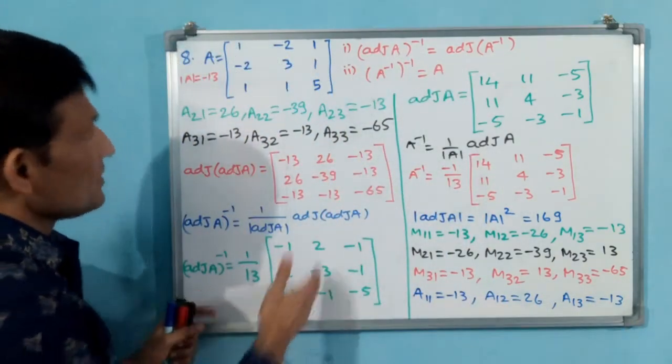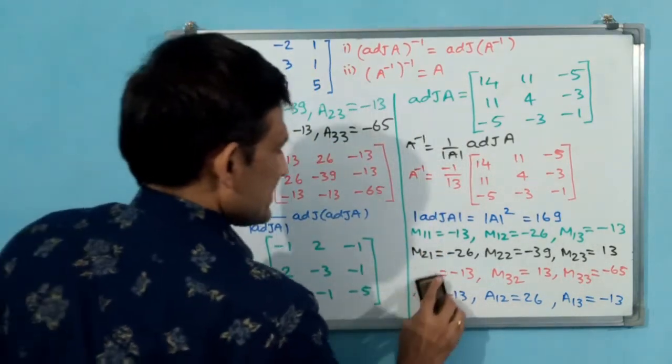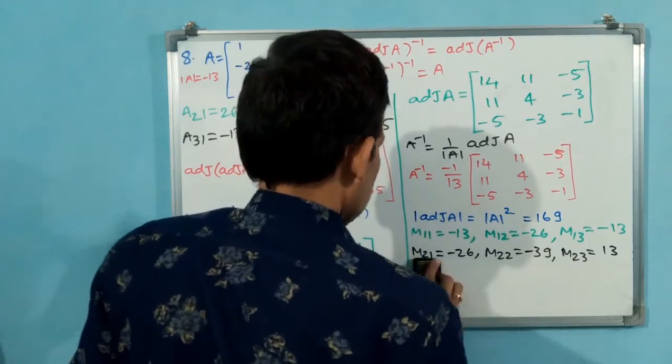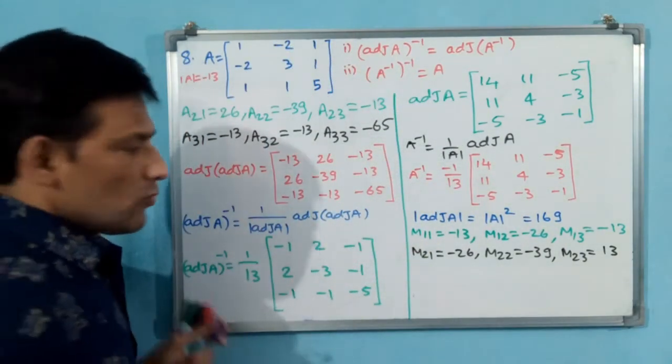What you have to prove? Why? Because these I have to write there. Okay, I am removing these two. You see what I am doing. What you have to prove? You have to prove like this, you see.